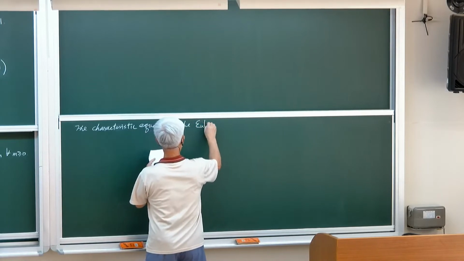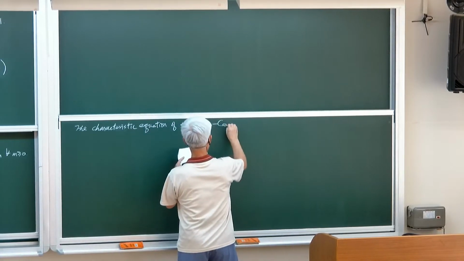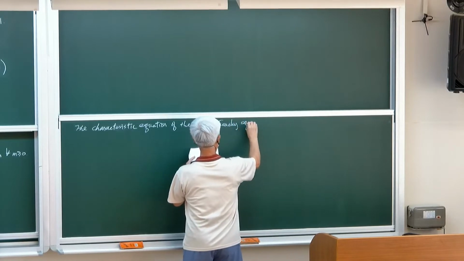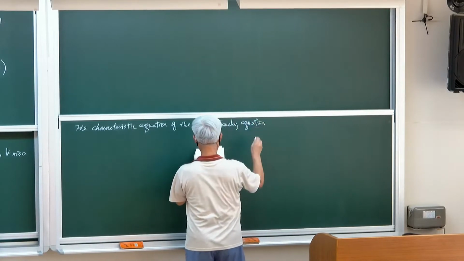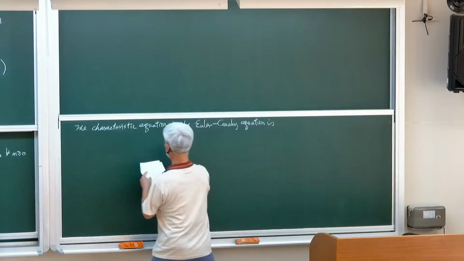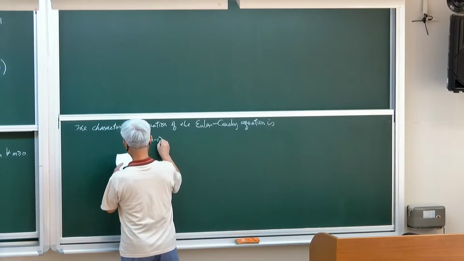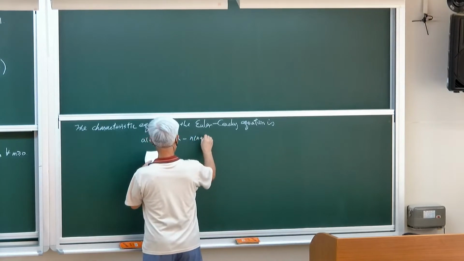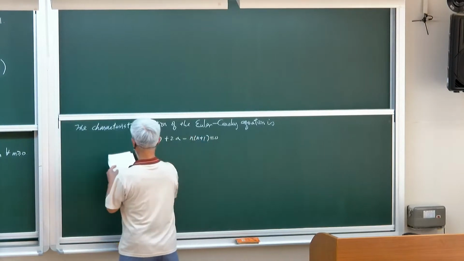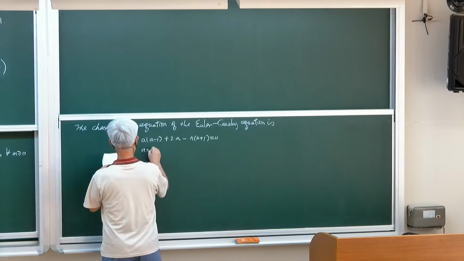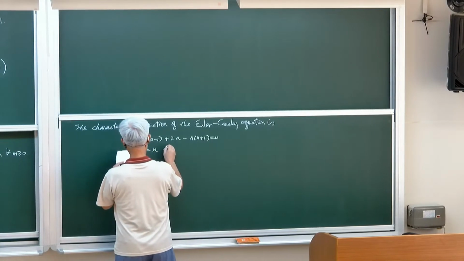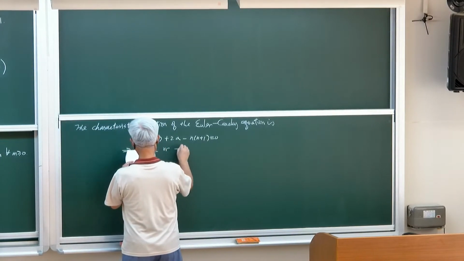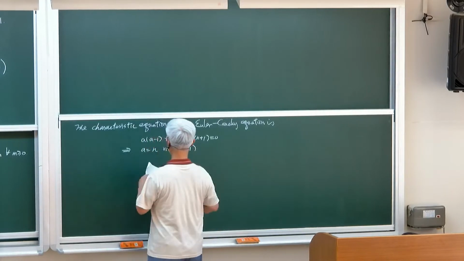The Euler-Cauchy equation gives a(a minus 1) plus 2a minus n(n plus 1) equals 0. So this implies that a is equal to n or minus (n plus 1).